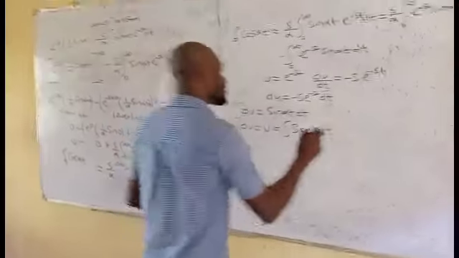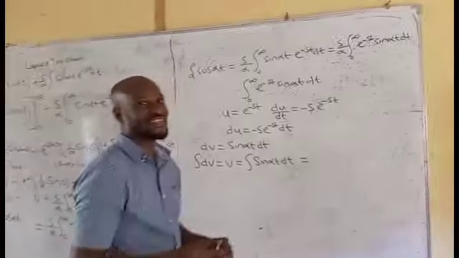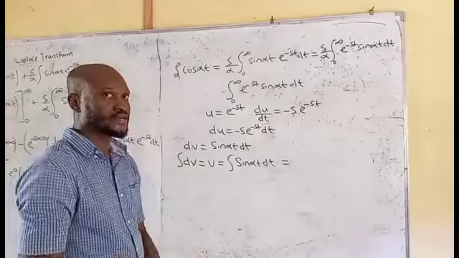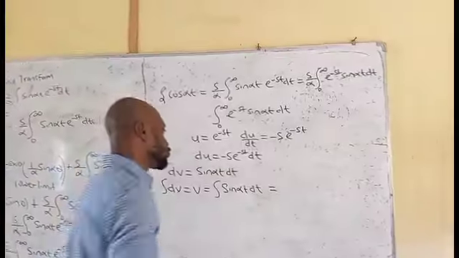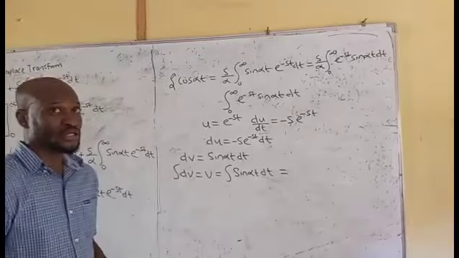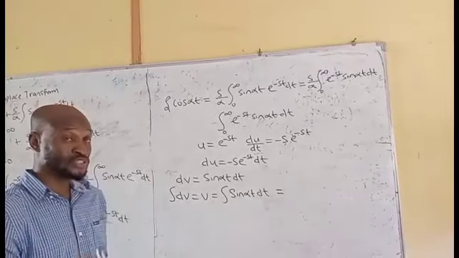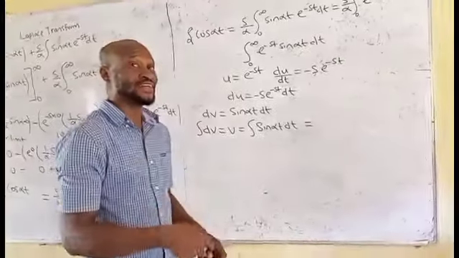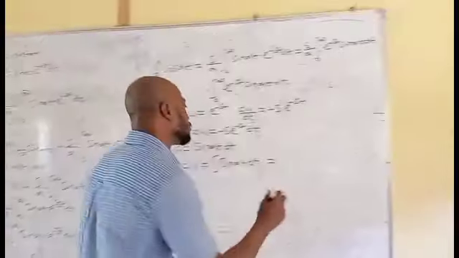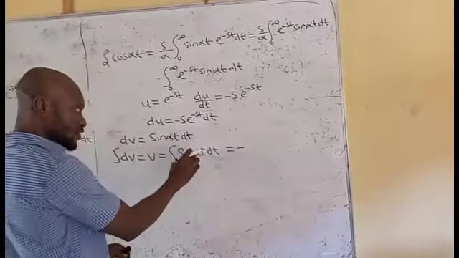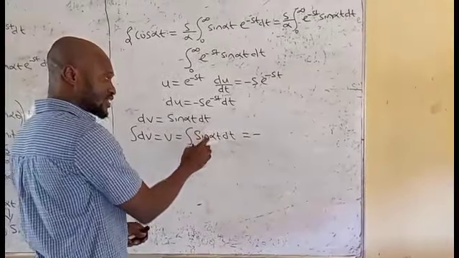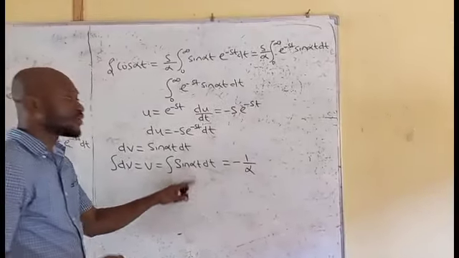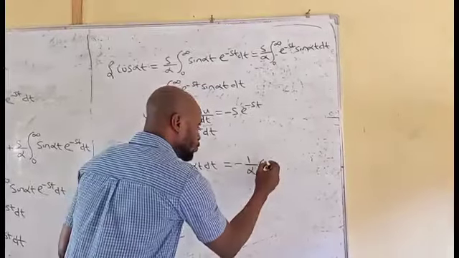Now, if I integrate this, if you're integrating sine, you have a negative value. The sine will change to cosine, but it will carry a negative value. It's not like when we integrated cos, there was no negative value; it was positive. If you integrate cos, it will give you sine. But if you're integrating sine, it will give you a negative value. Alpha is a constant, so you have minus 1 over alpha, then the sine will change to cosine.